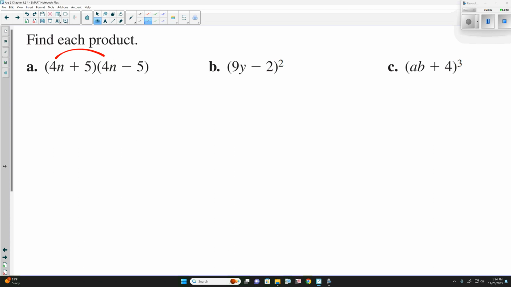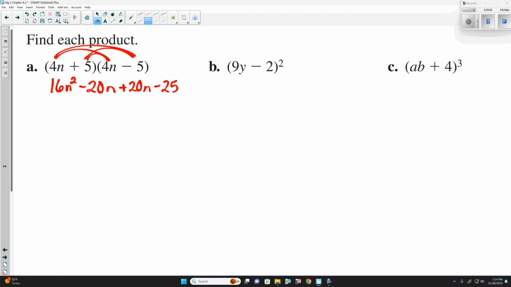But if we multiply this out, 4n times 4n is 16n squared. 4n times negative 5 is negative 20n. We do the same thing with 5. 5 times 4n is positive 20n, and 5 times negative 5 is negative 25.